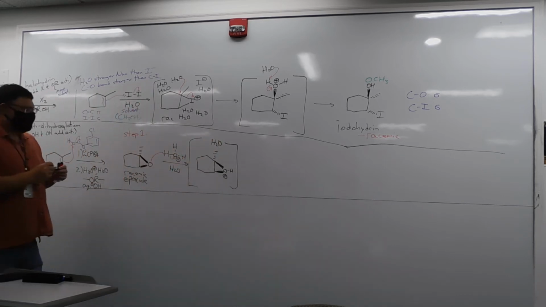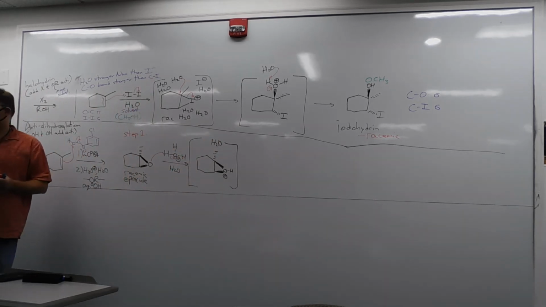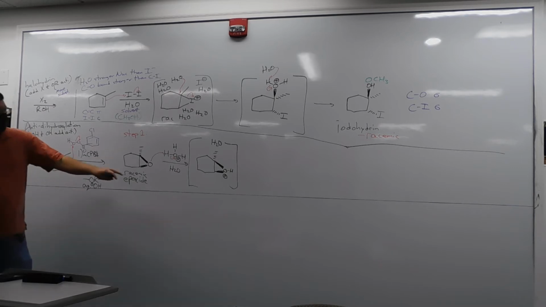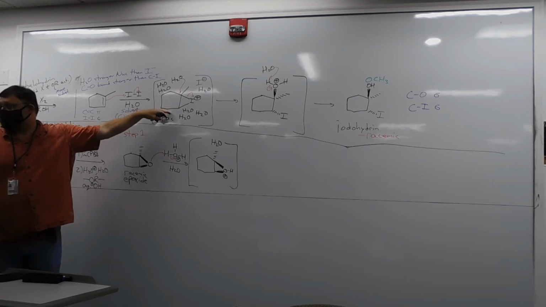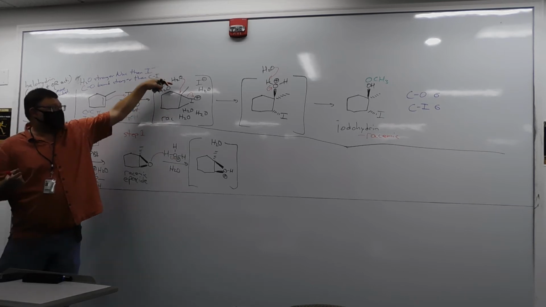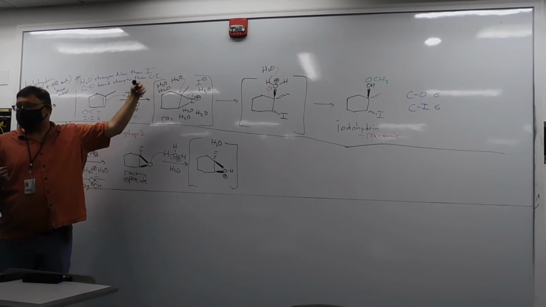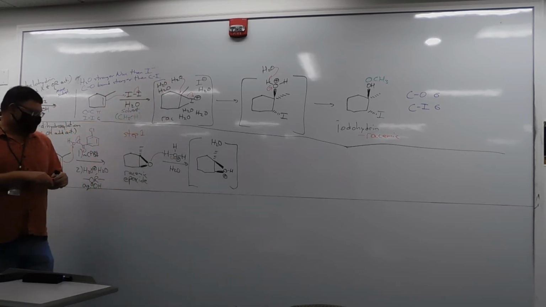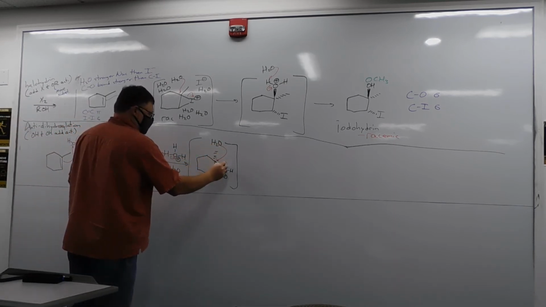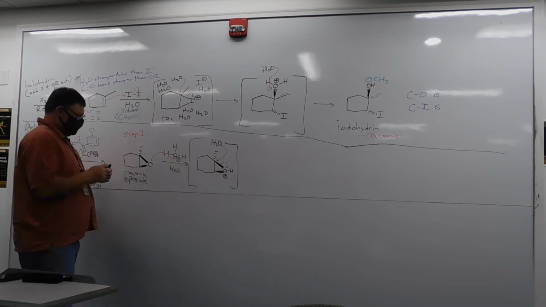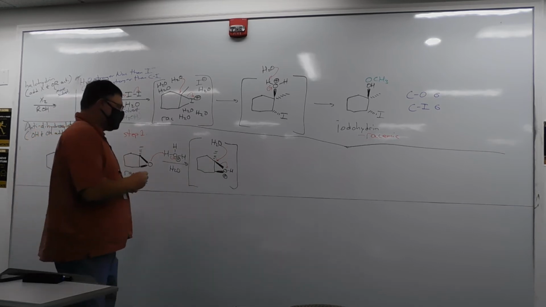So you protonate the epoxide, and now water can attack. And this looks just like the one above it. So this iodonium ion, you have a 3-membered ring with a formally positive atom in it. So the nucleophile will do a backside attack on the more substituted position. That gets us the anti-stereochemistry.